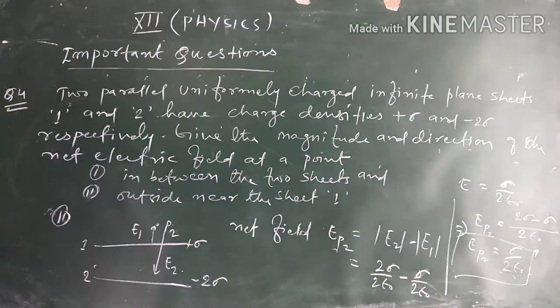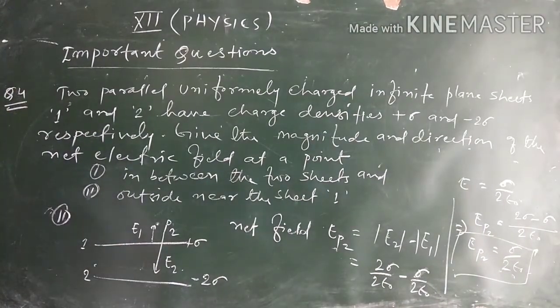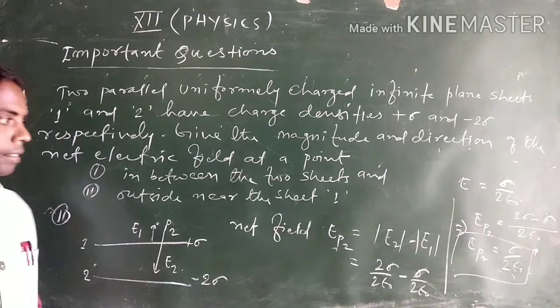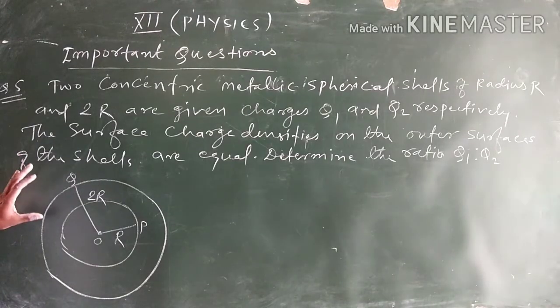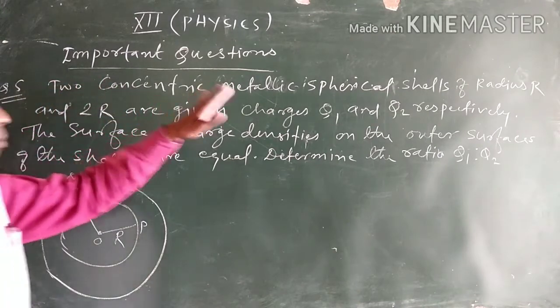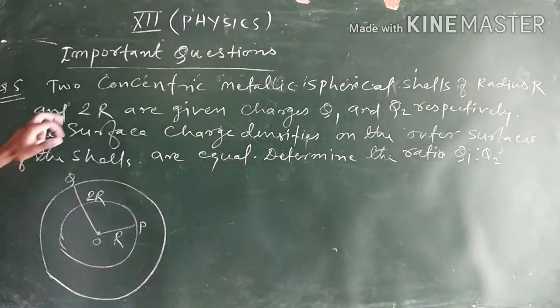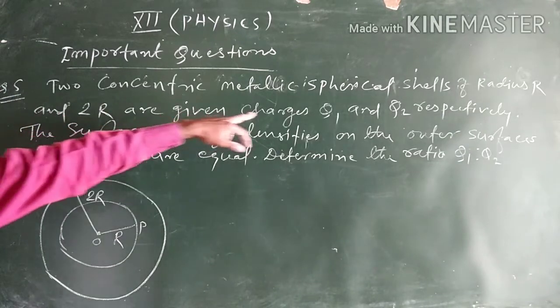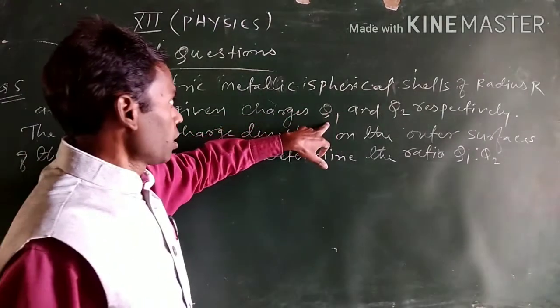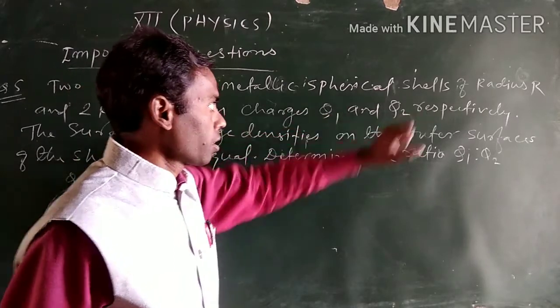This was that question. Now the next question. Two concentric metallic spherical shells of radius r and 2r are given charges Q1 and Q2 respectively.